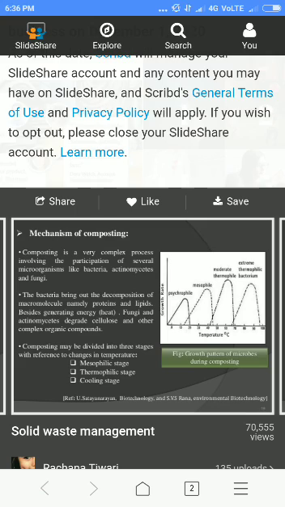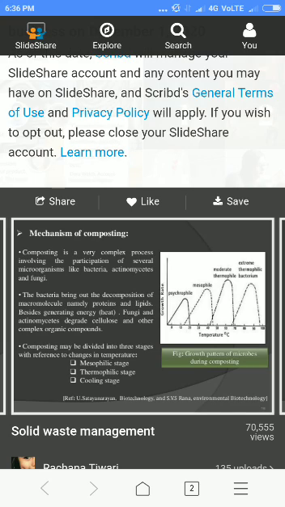Composting is a very complex process involving the participation of several types of microorganisms like bacteria, actinomycetes, and the fungi. Here, bacteria bring out the decomposition of macromolecules, namely proteins and the lipids, besides generating energy. And fungi and actinomycetes degrade cellulose and other complex compounds.